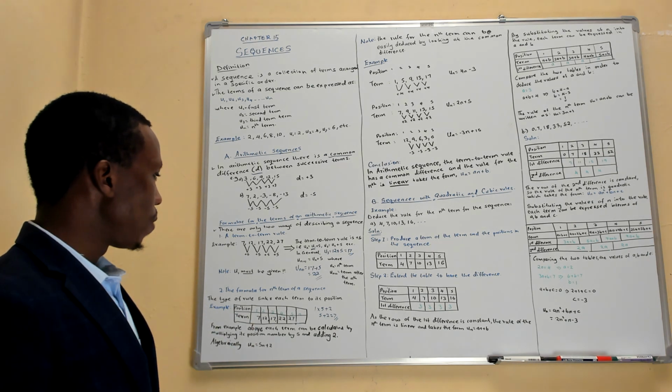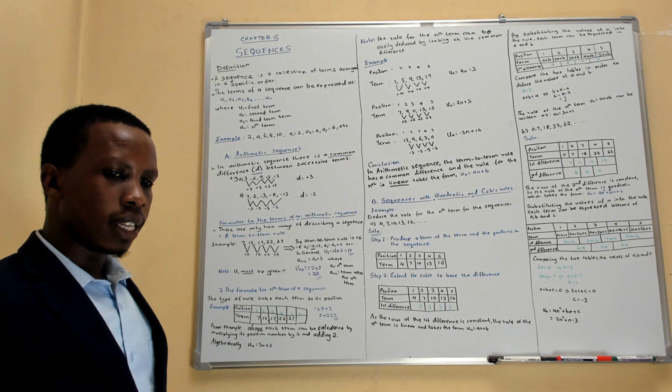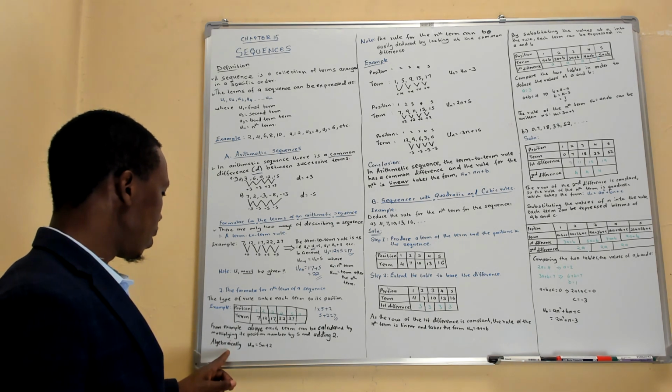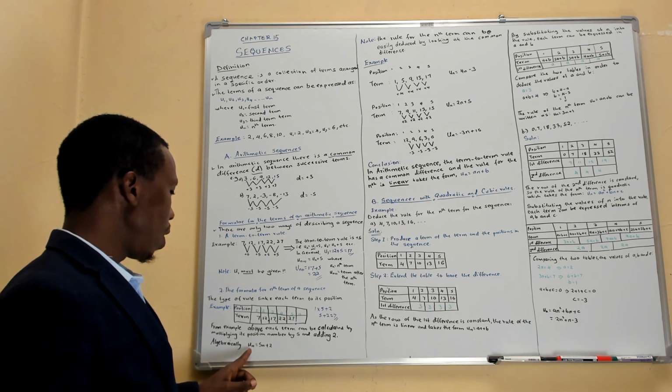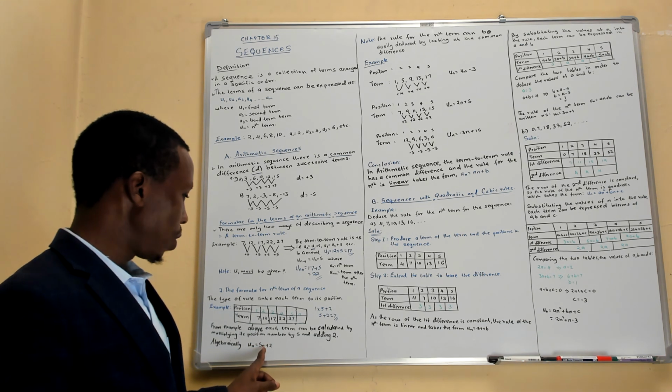Now that is about the formula of the nth term of a sequence. And we can represent this algebraically by un is equals to 5 times the position, then add 2.